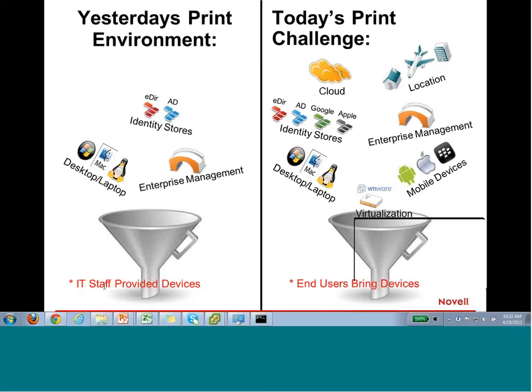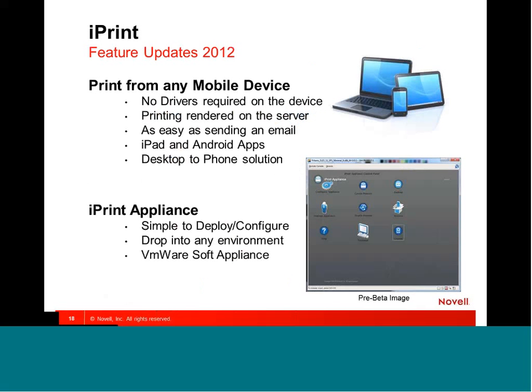We also work with pCounter and Nuance, which was formerly Equitrax. So those solutions bring in some very good things for doing accounting and tracking of printing and reporting and training your users how to save some print costs. So moving on to the next slide here.